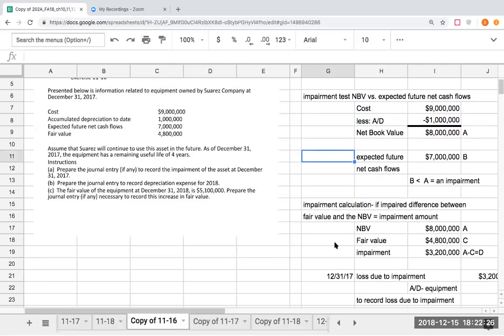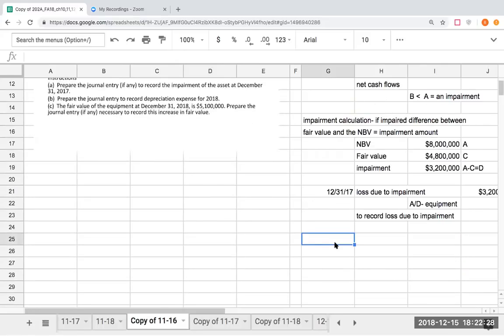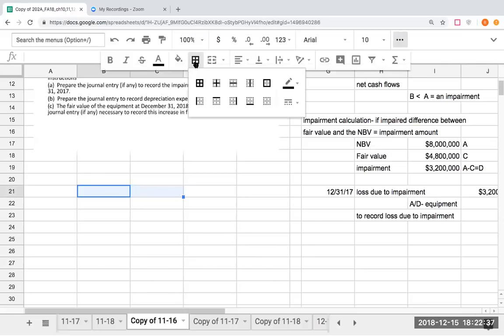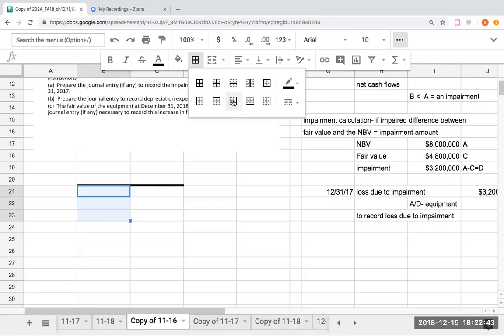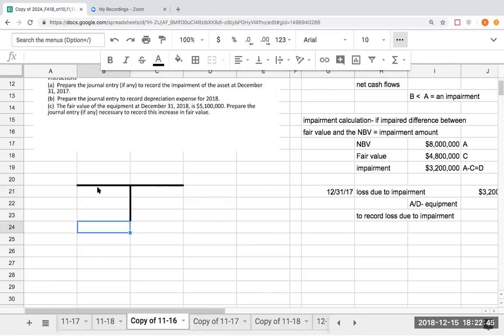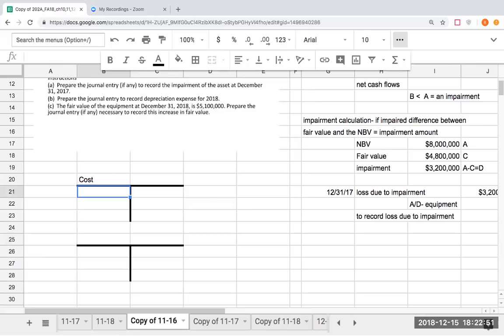So the way I'm going to do this is ask, what does my current book value look like for this asset? If I take a look at the cost of the equipment, which was initially 9 million.